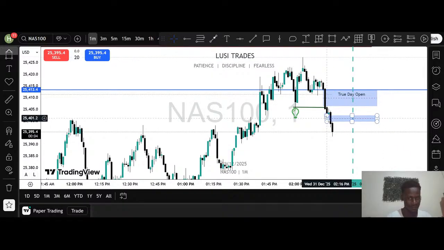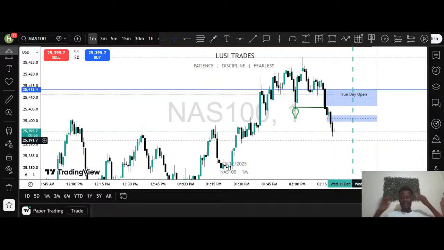So if I miss this one, what I'm waiting for is time. Maybe there might be a pullback into any of these levels during this time. So patience, patience, patience. In the next 10 minutes, just two 5 minute candles, so we have to wait for that.